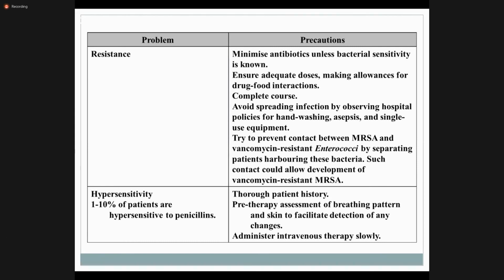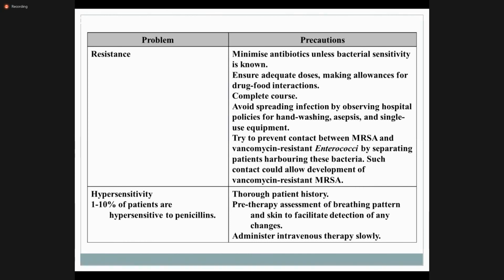Such contact could allow development of even vancomycin-resistant, methicillin-resistant Staph aureus. Because when a patient is showing methicillin resistance, we can use vancomycin against that problem. But if vancomycin resistance develops, it will create a problem, right?